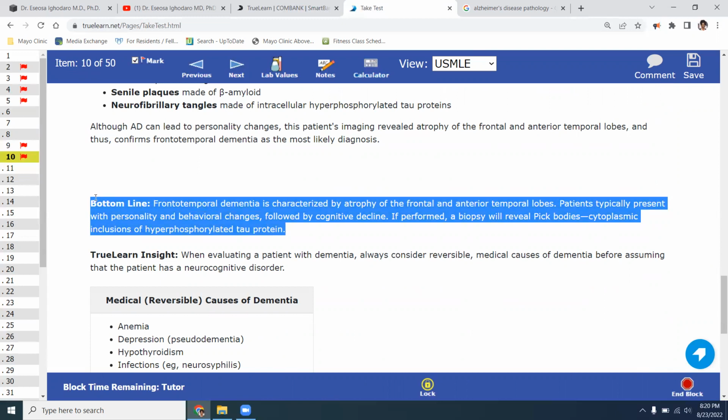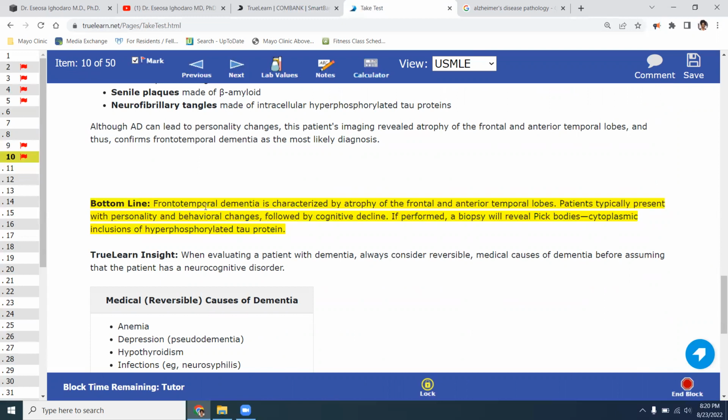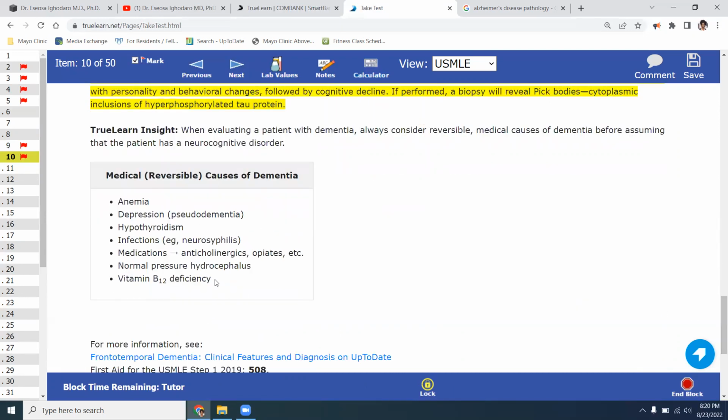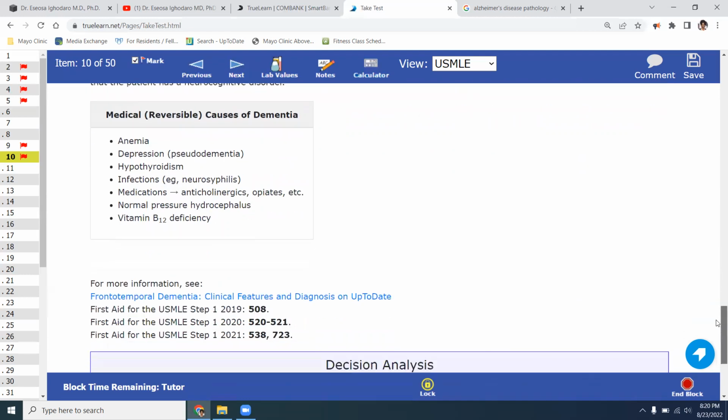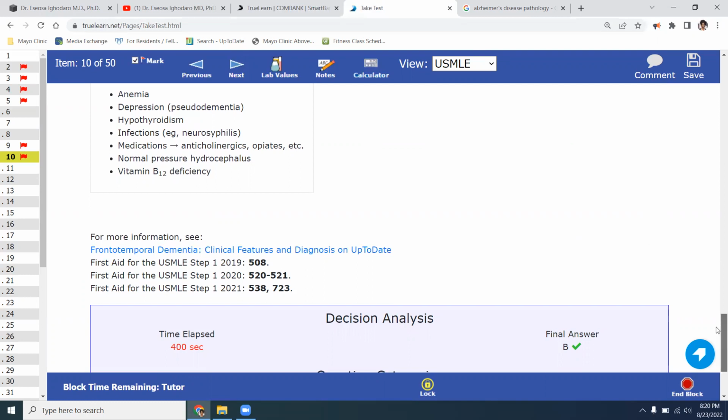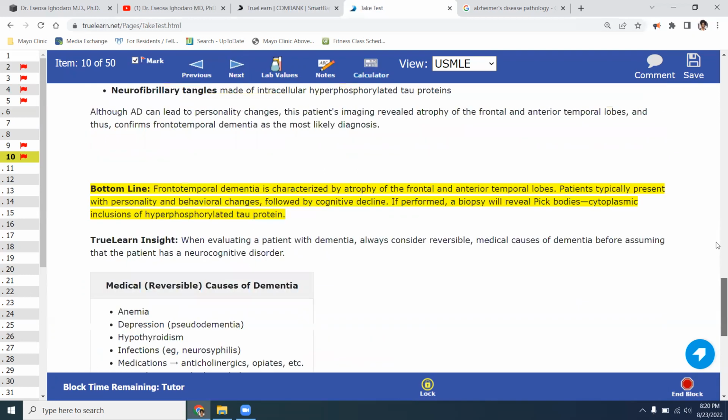I love their bottom line text that they have at the end of every single question. And then they also give some things to think about. And a great thing is that they also give references for more reading. So that is this question.